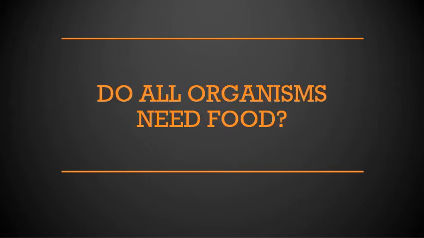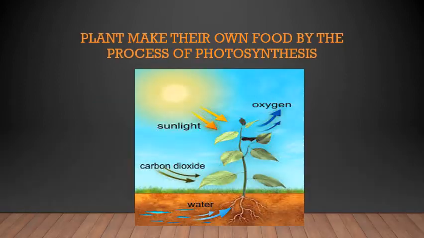Now, the first characteristic. Do all organisms need food? Now, in chapters 1 and 2, we learned that all living things need food and how essential it is to animals and to us. We have also learned that plants make their own food by the process of photosynthesis.